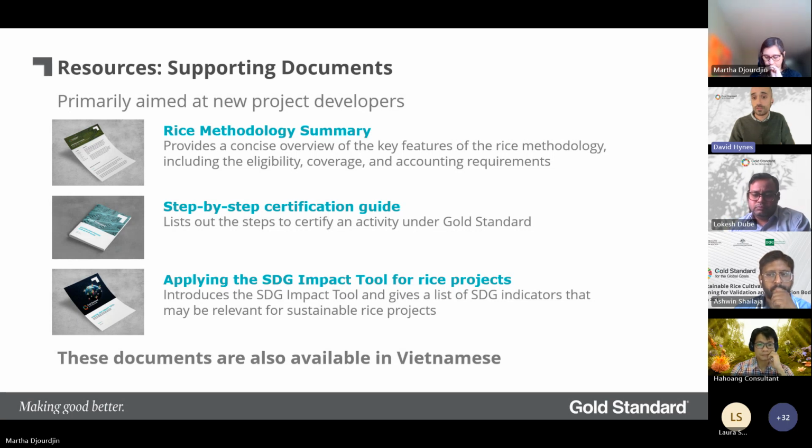The second is a step-by-step guide to certifying activities under Gold Standard, which is relevant for rice projects, but projects more generally. And the third is a short guide for applying the digital SDG impact tool for rice projects. Because the geographical scope of our program is Vietnam, these documents you'll also find published in Vietnamese, but the contents are generally applicable.